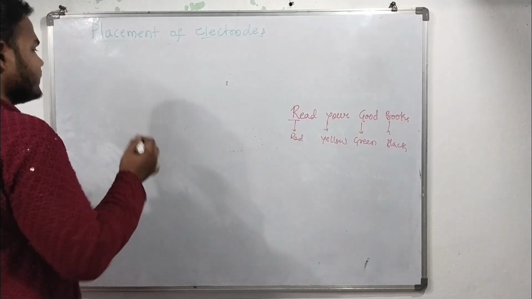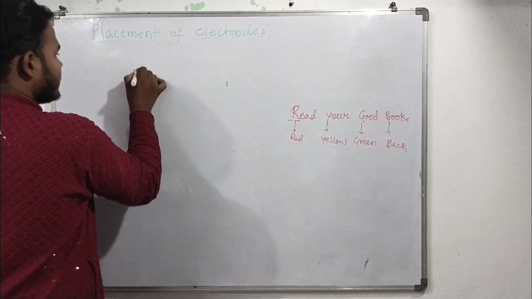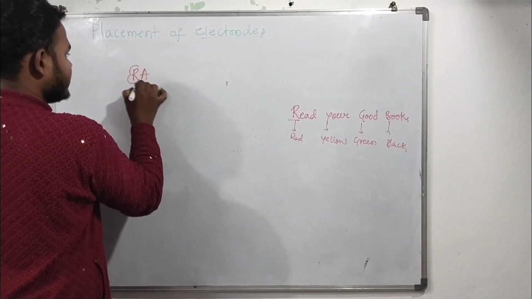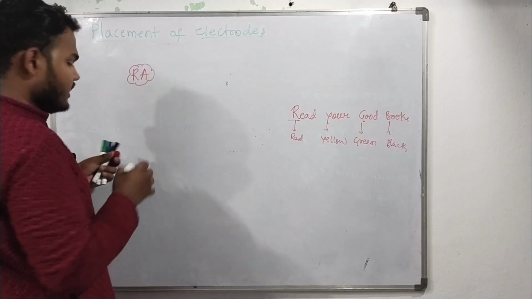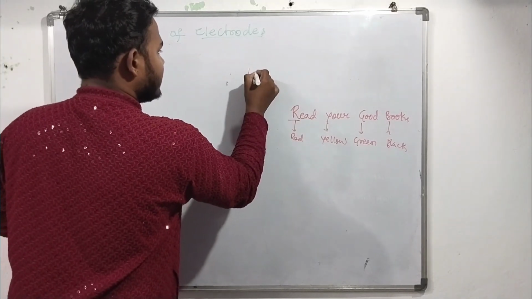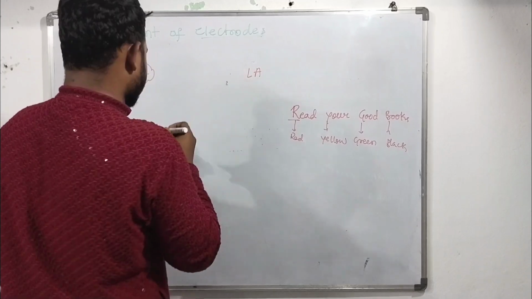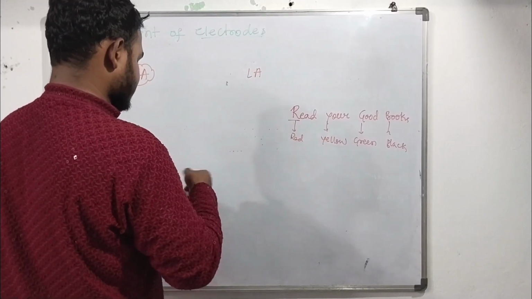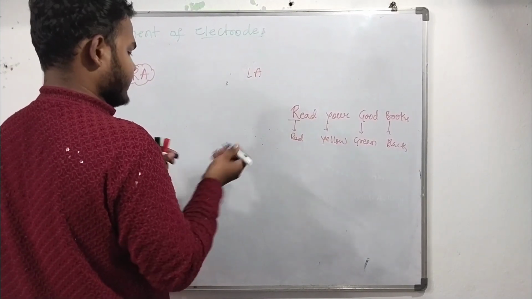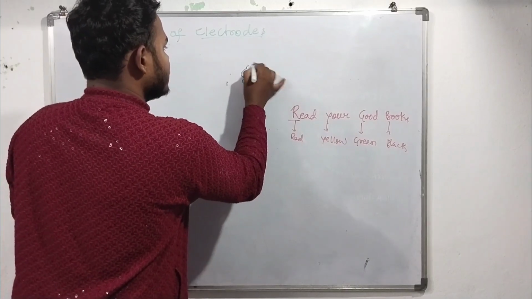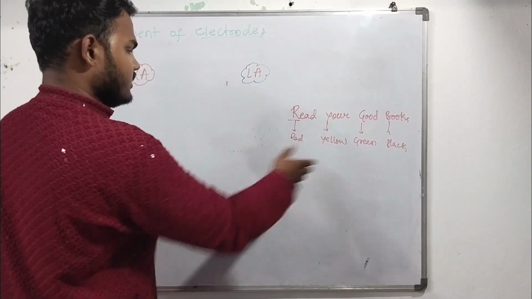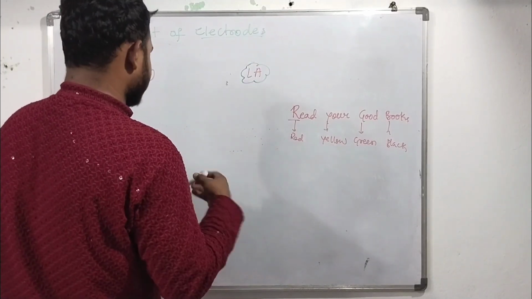Let's suppose here is the right arm, that is coded with red. Next the left arm, that is coded with yellow. Yellow is not there, we will take blue for yellow. Next the left leg is green.